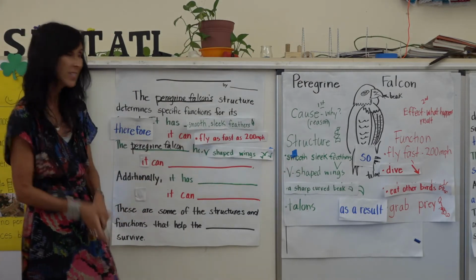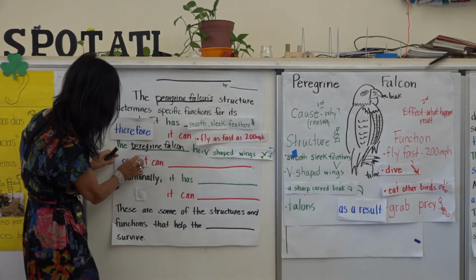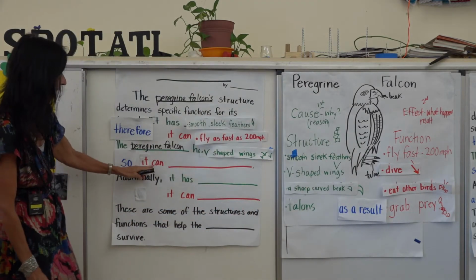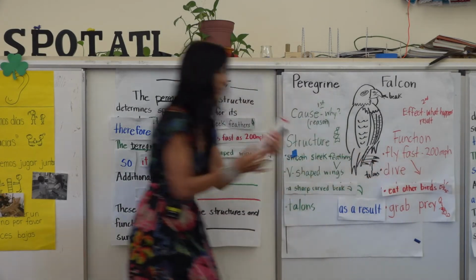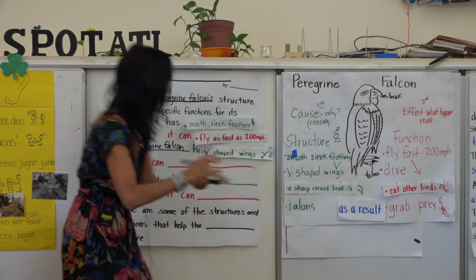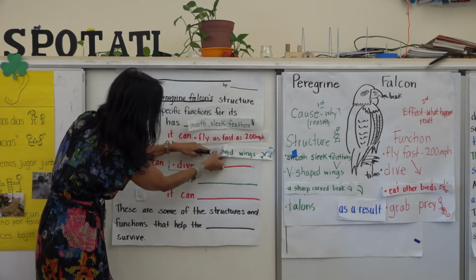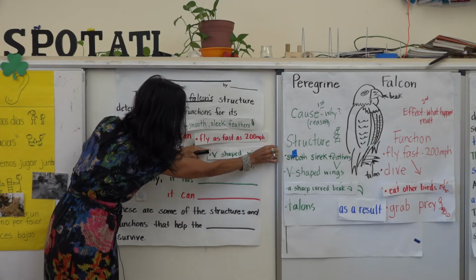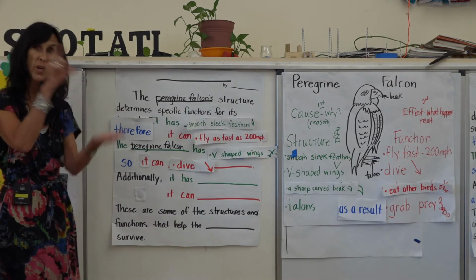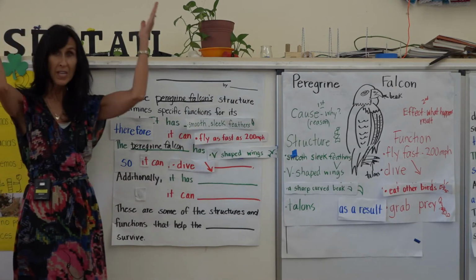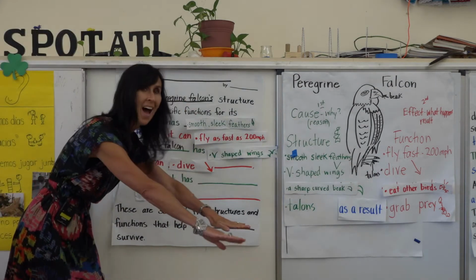Now I need my cause and effect language. So, it can, this is our action, dive. Read it with me, friends. The peregrine falcon has V-shaped wings, so it can dive.